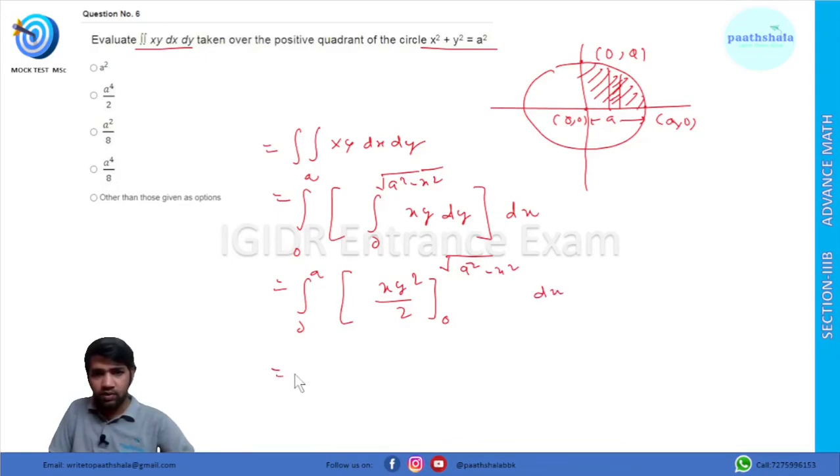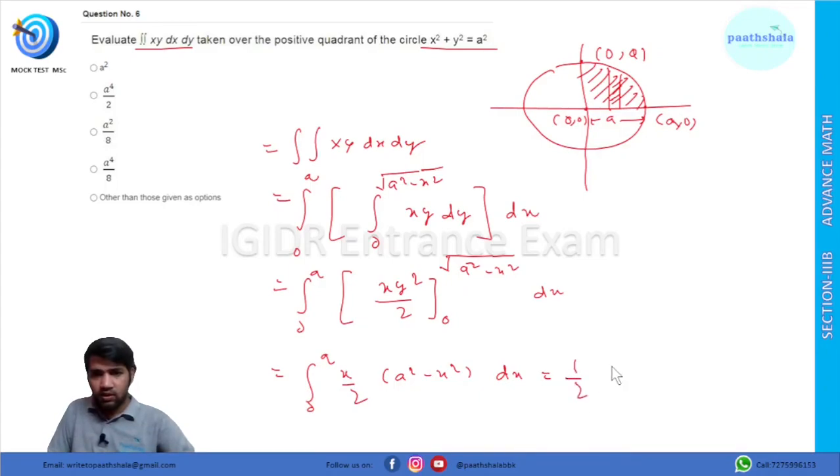Okay, so solve it. So integral 0 to a, x by 2 comes out of this limit, and when you put a square minus x square, this will become a square minus x square. Okay, and when you put 0, this will be 0, so ultimately the result will be this.